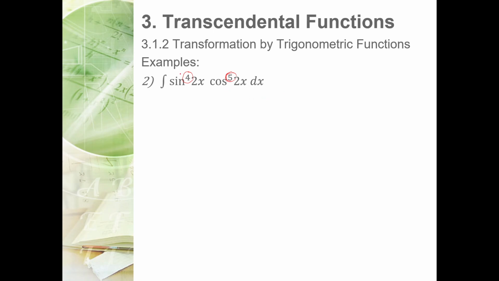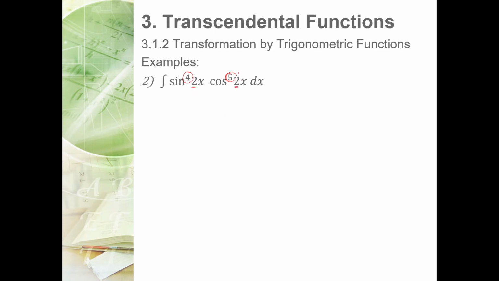Also notice that in this example, you have a coefficient for the angle. So we need to be careful in integrating later on because, since it has a coefficient, you need to apply the 1 over a in the formula.